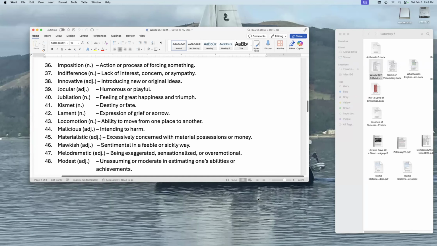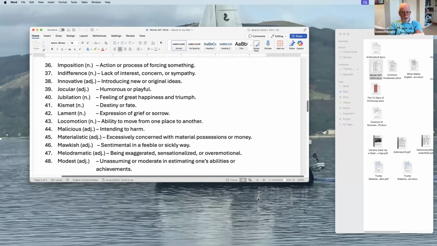Malicious. Materialistic, mawkish, melodramatic, modest. That's pretty good. All right. Yeah, that malicious gets to be a little tough. The ICIOUS. Again, it has kind of an SH sound to it.